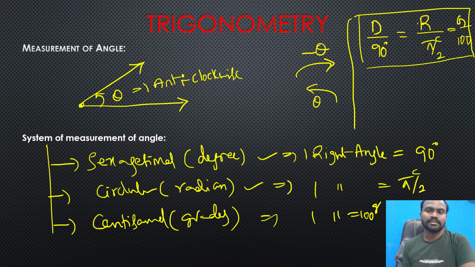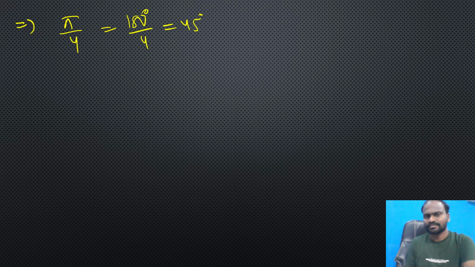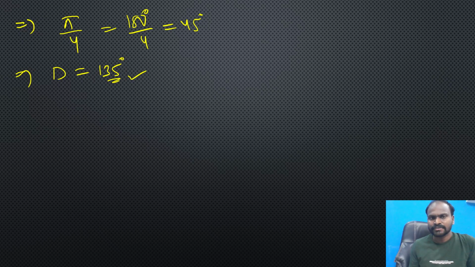If you want to convert an angle, for example radians to degrees, if they give pi by 4, then we already know that pi is equal to 180 degrees, so 180 by 4 is 45 degrees. It's simple. But if the given angle is 135 degrees, then we can convert it into radian measure using the relation D by 90 degrees is equal to R by pi by 2.